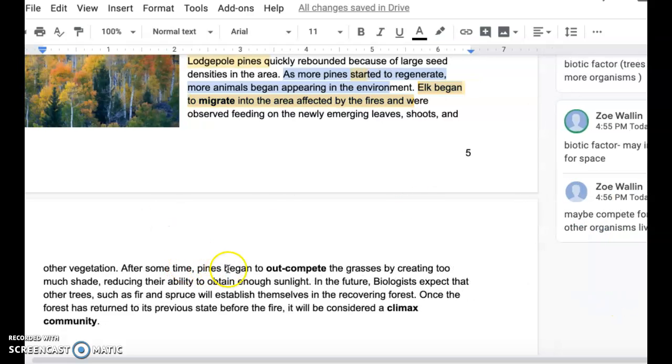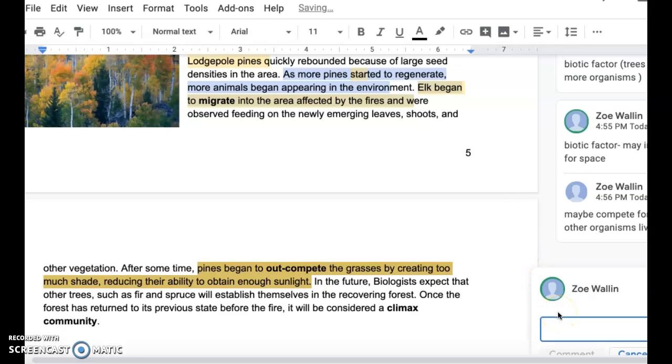After some time, pines began to outcompete the grasses by creating too much shade, reducing their ability to obtain enough sunlight. So I'm going to put that as a biotic factor that affects the presence of other life forms, in parentheses, biotic.